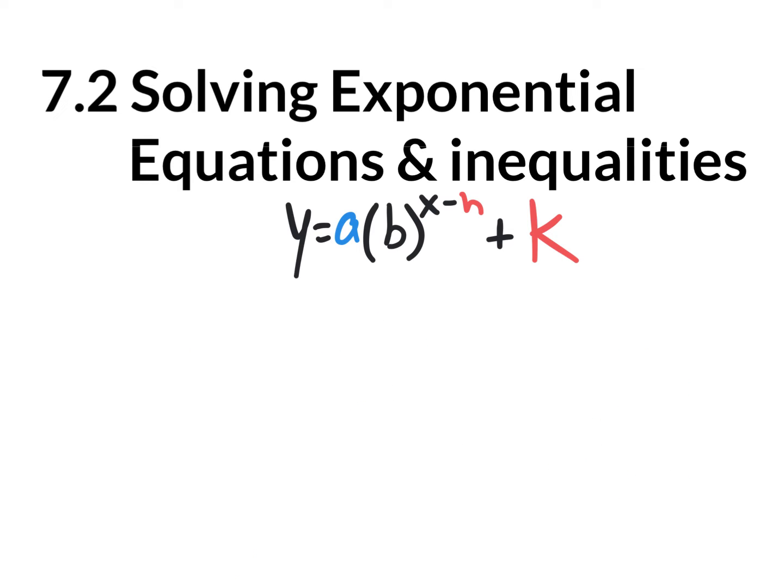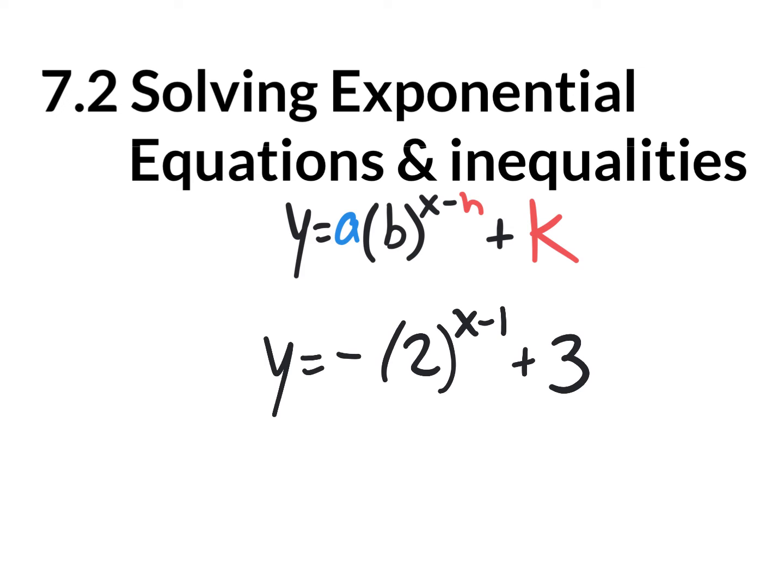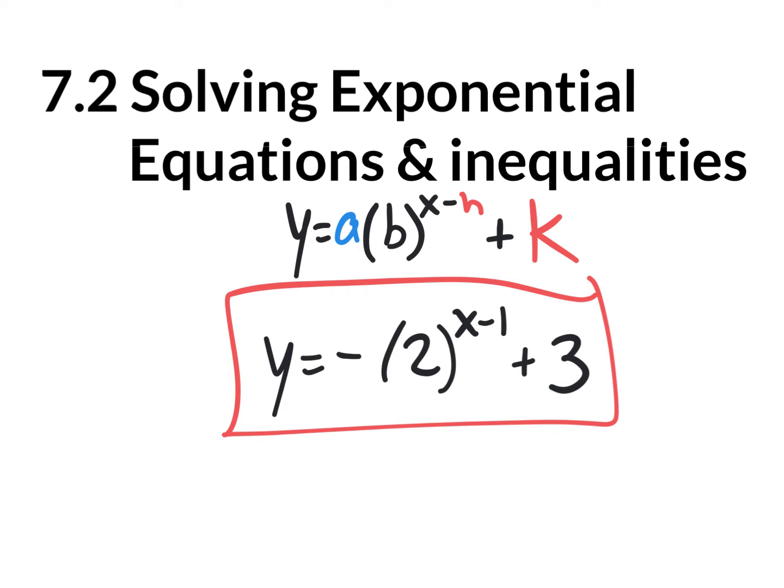What if I just gave you the equation y equals negative 2^(x minus 1) plus 3? What would the range of this be? You don't have the graph. One option is to type it into Desmos, but why is y less than 3? Because it's going away from the asymptote, and it's a negative.